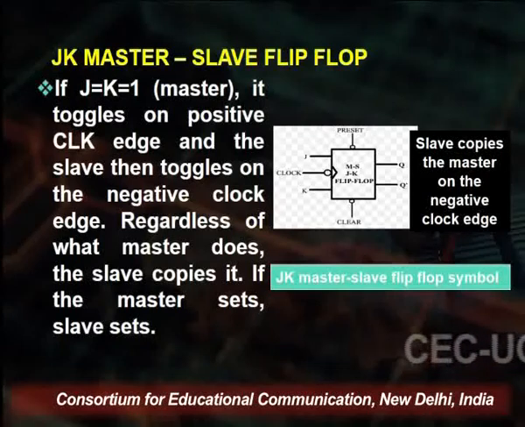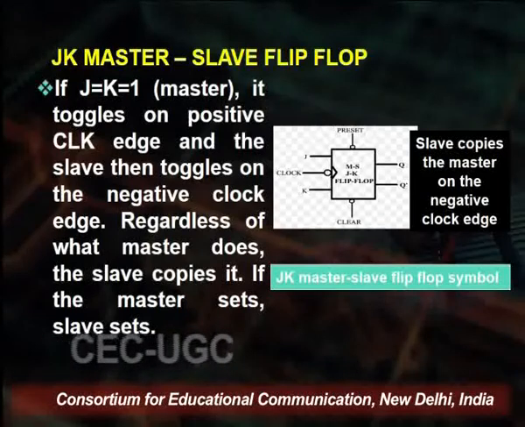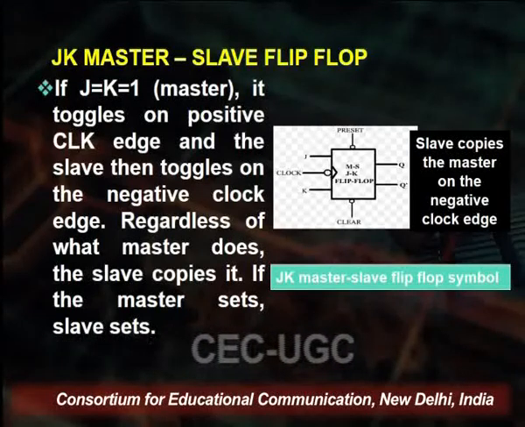Regardless of what the master does, the slave copies it. If the master sets, slave also sets, but not on the same clock pulse. We'll discuss this further in more detail in our next lecture, how master slaves prevents racing in JK flip-flop when both J and K have same value of input, that is 1.